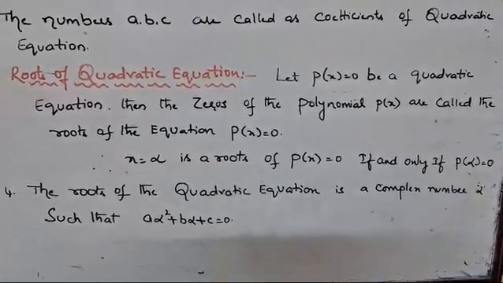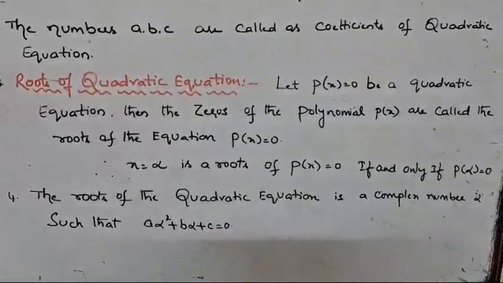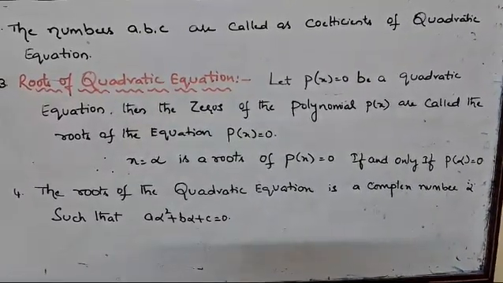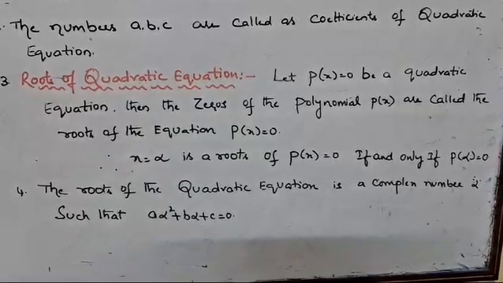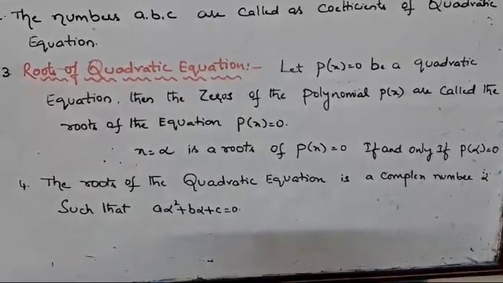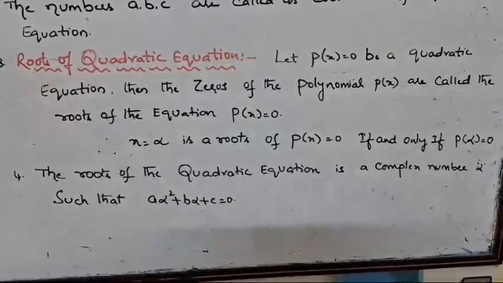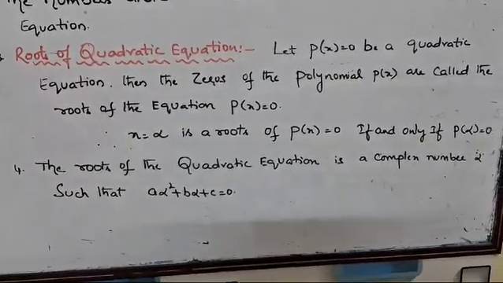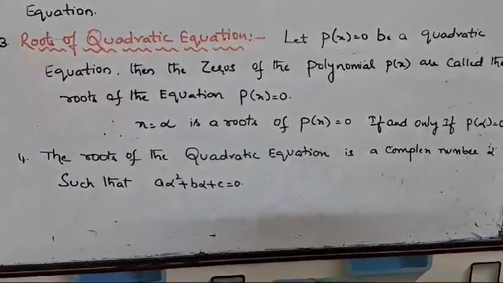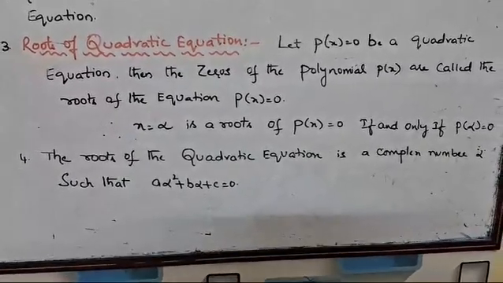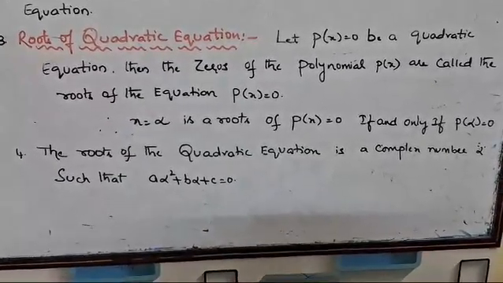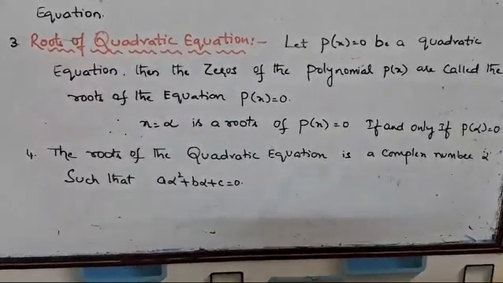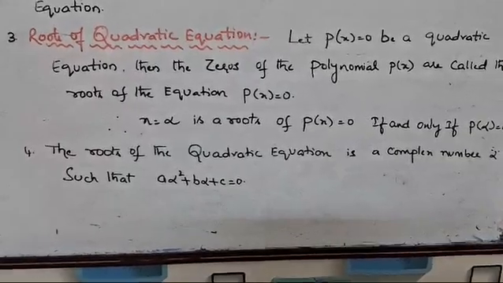That means, suppose we have taken a quadratic equation, then after finding the factors for that, we can split it into two factors, right? So we'll get two x values. Those are nothing but the alpha values, the roots. Whatever values we got from splitting the quadratic equation are the zeros of the polynomial and also the roots of the quadratic equation, guys.